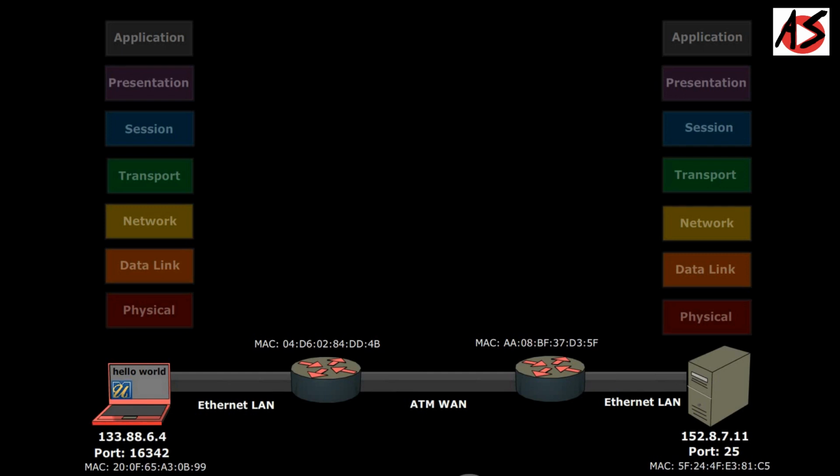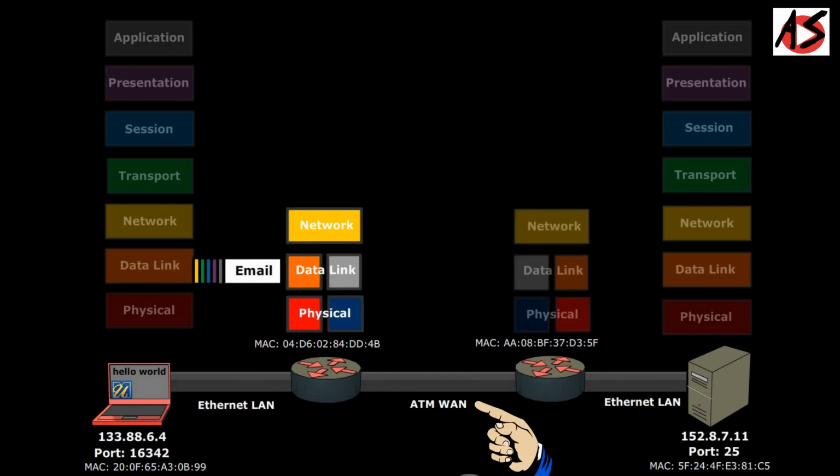The router modifies the data link layer and physical layer for a different network like ATM WAN. Therefore, after the physical layer in the router, it goes to the data link layer. The router removes all data link layer information and sends it to the network layer.